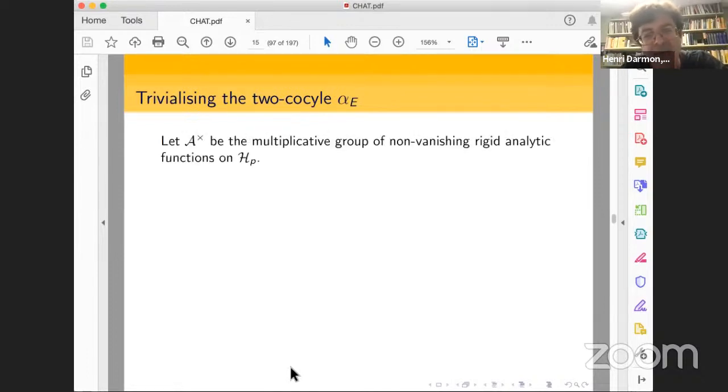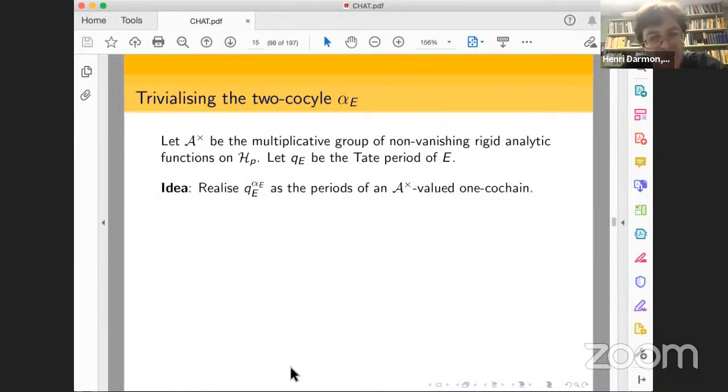Okay. So one can then trivialize this two-cocycle alpha_E, which is associated to E. The idea here is that we're going to trivialize it by making it take values in a much larger module, which I'm going to denote by A star. It's the multiplicative group of non-vanishing rigid analytic functions on the p-adic upper half plane. And I'll let q_E be the Tate period of the elliptic curve. So this elliptic curve has conductor p, so it has multiplicative reduction at p, and therefore there's a Tate period associated to it.